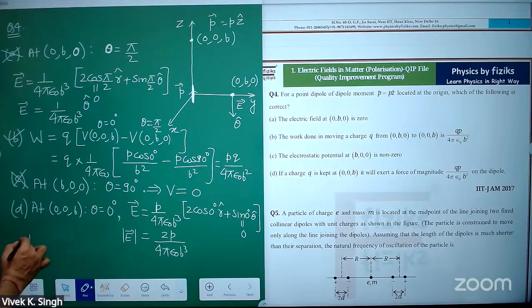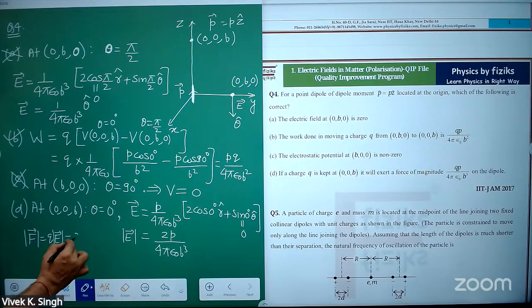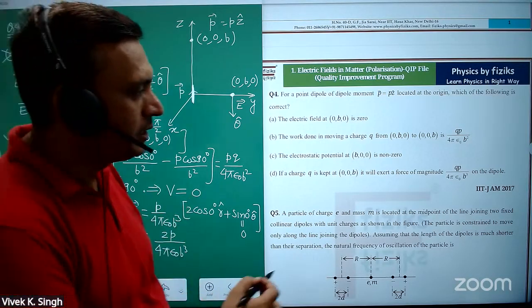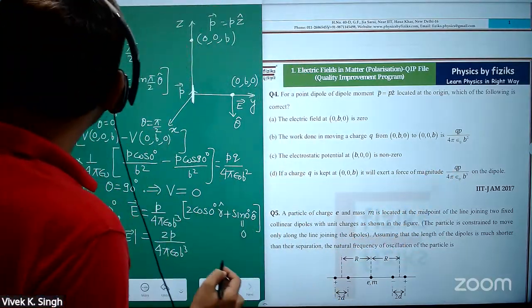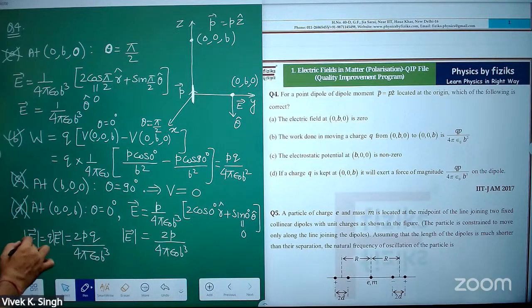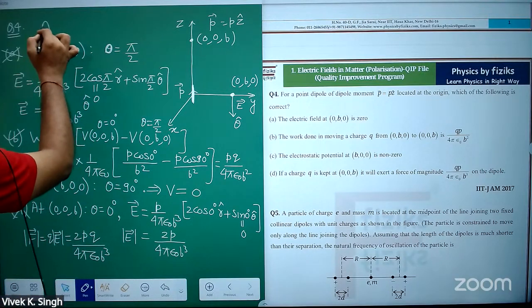So the magnitude of force is given by q into E, and that will be 2Pq by 4 pi epsilon naught B cube. But in this option, it is given as qP by 4 pi epsilon naught B cube. So this option is also incorrect. So only option B is correct.